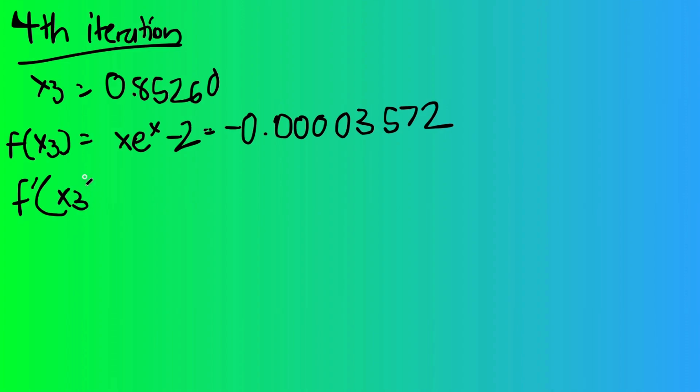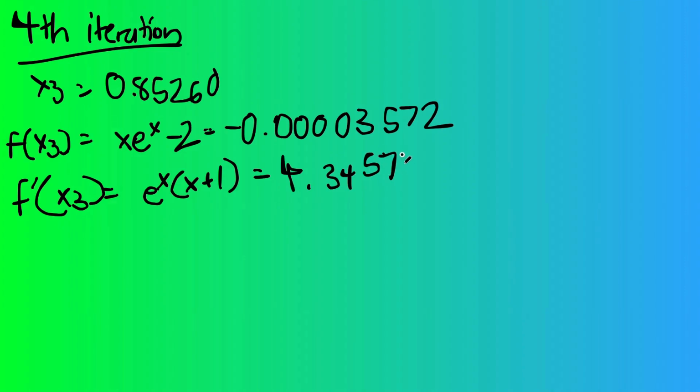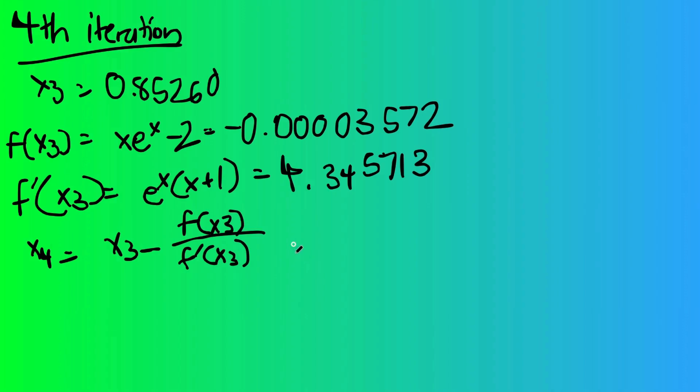And the derivative at x3, e^x times (x plus 1), the total answer is 4.345713. Let's calculate x4. x4 is x3 minus f(x3) divided by f'(x3).